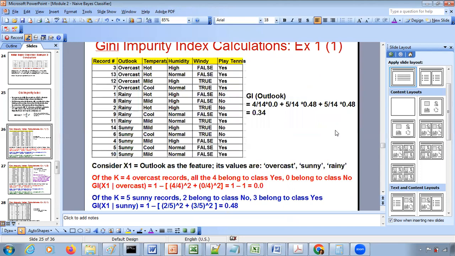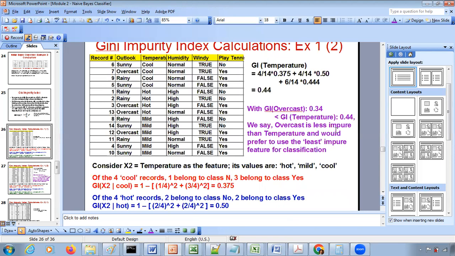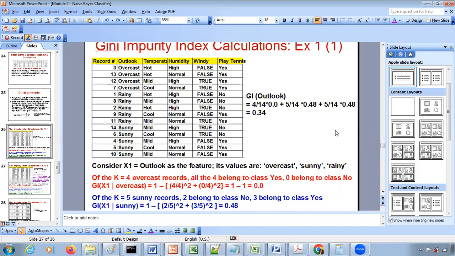So for example, you look at here, Outlook, where its feature, Outlook is a feature and its values are overcast, rainy, and sunny. So there are 4 records with overcast as the value.